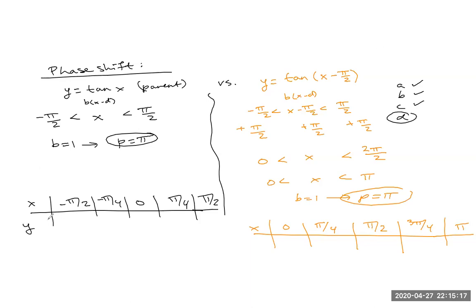Y values we discussed for tangent, we're going to have undefined at our end values for x, and then we're going to have negative 1, 0, and 1.